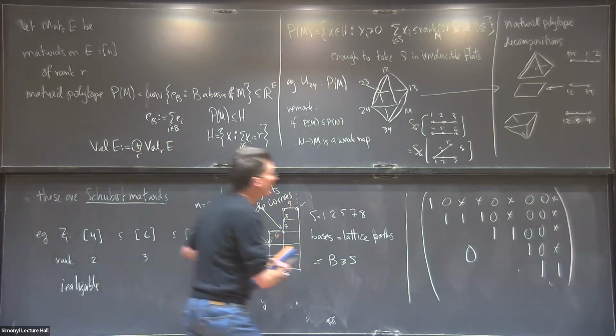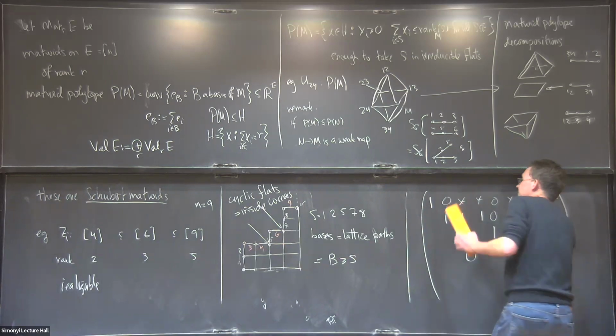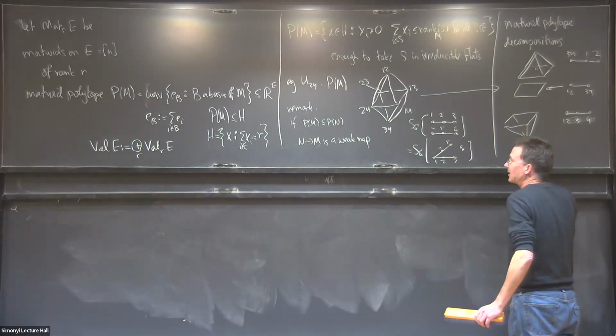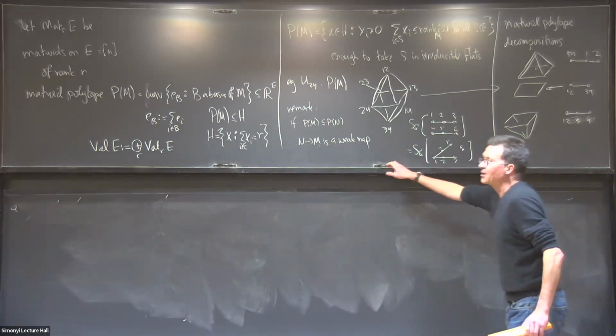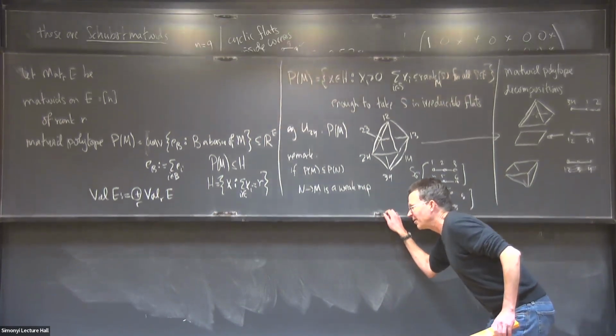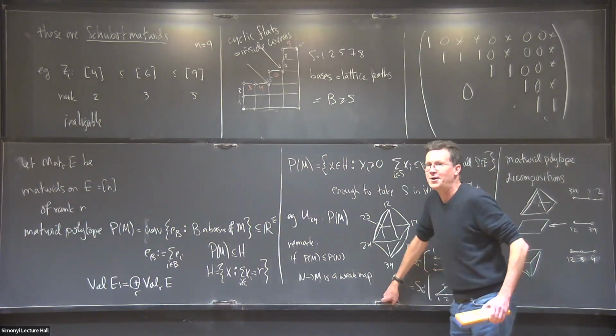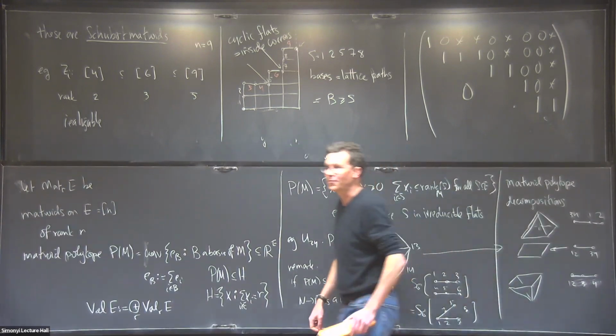Okay, so Derksen-Fink showed that the nested matroids form an additive basis for this valuative group.